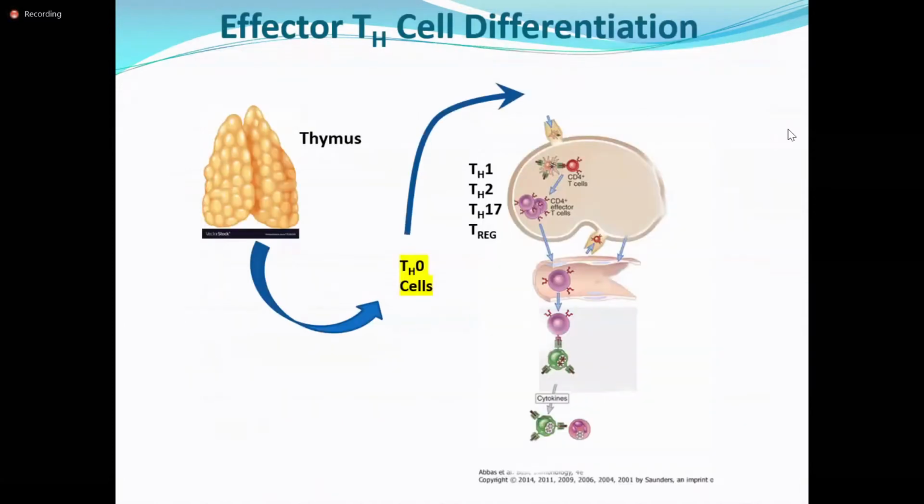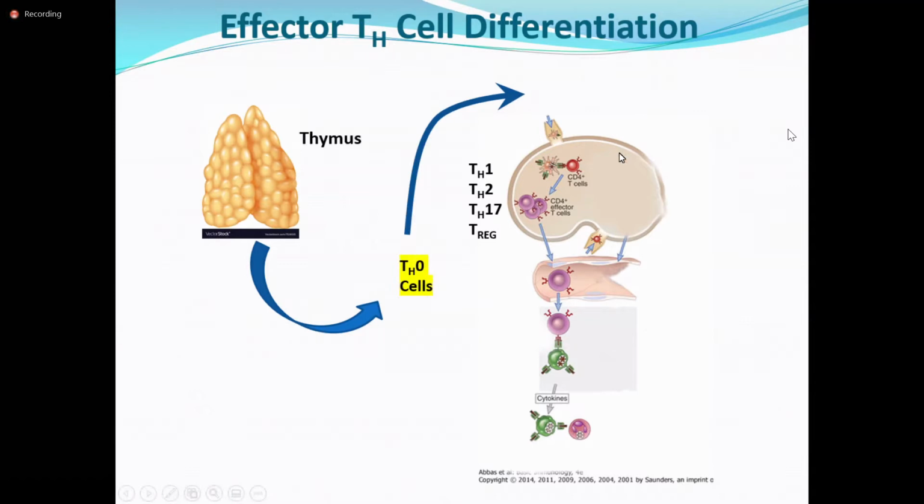And so when these differentiated, mature, but naive T cells exit the thymus after undergoing thymic education, we classify these essentially as Th0 cells. Th0 to mark the fact that they are naive T cells. They have a functional T cell receptor, but they haven't yet encountered the actual antigen.